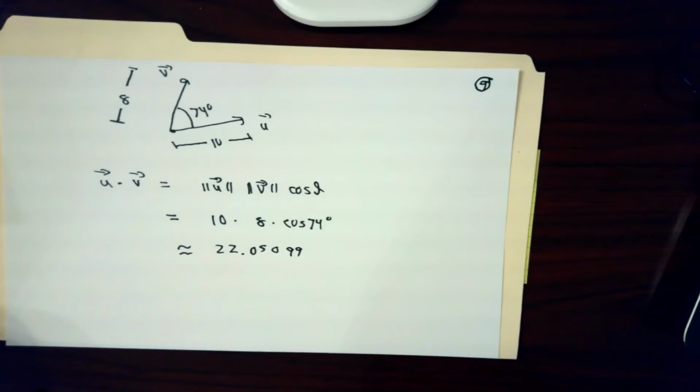This works out to be about 22.0599. I didn't need any coordinates to do this. I just needed to know what the arrows looked like and how one of them is angled compared to the other one. No need for an x-axis or anything like that. In physics, thinking using vectors is frequently very convenient for this sort of reasoning.